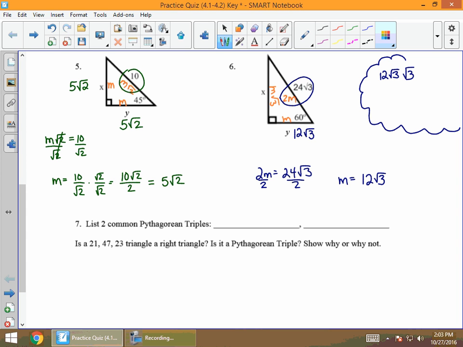Well, radical 3 times radical 3, I know that. That is 3. And 12 times 3 is 36. So x is equal to 36.